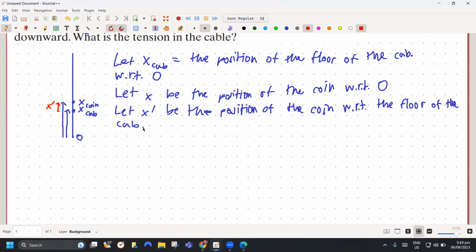Okay, ngayon, kita mo yung tatlong arrows na yan. Paano sila related kung equations ang gagamitin mo?